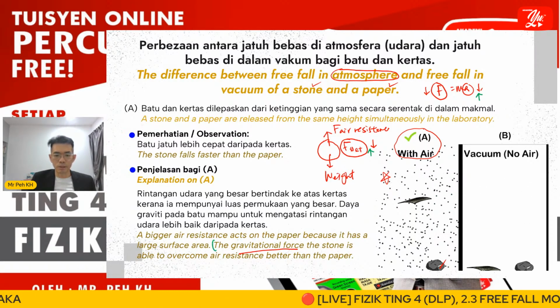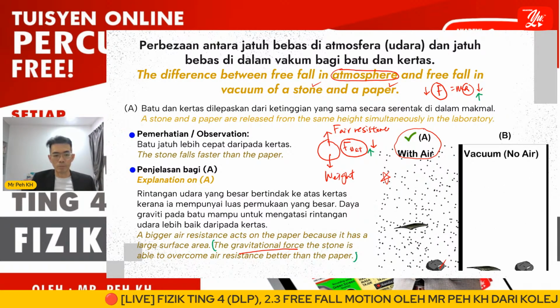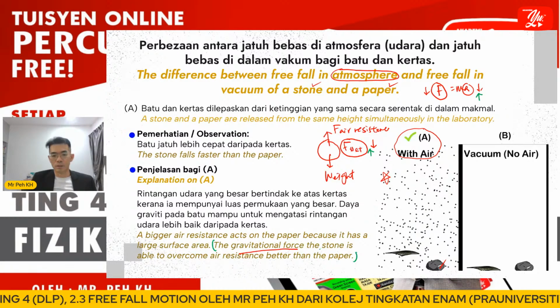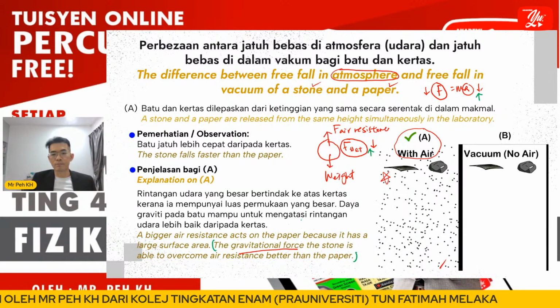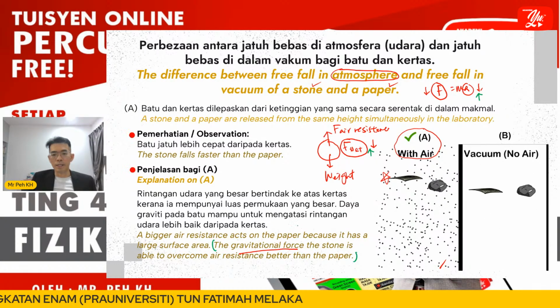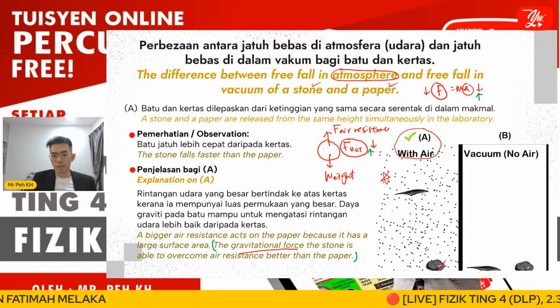This statement tells us that the gravitational force of the stone is able to overcome air resistance, because the weight of the stone is also bigger, and the air resistance, although present, is actually smaller because the area is smaller.